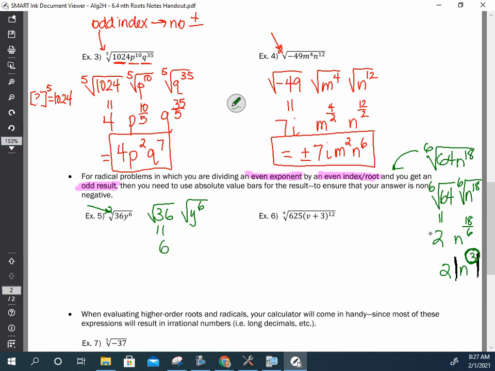That takes care of itself. Since there's an understood 2 sitting up there, 6 divided by 2 is 3. 3 is an odd number. So you put y to the 3rd inside the absolute value.